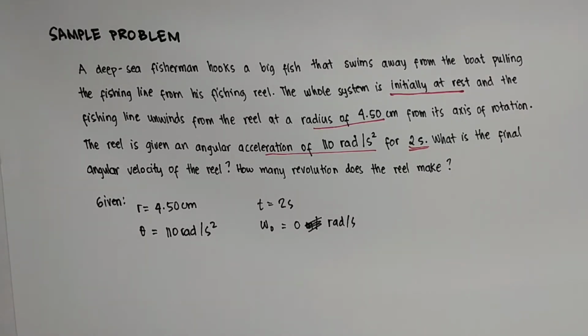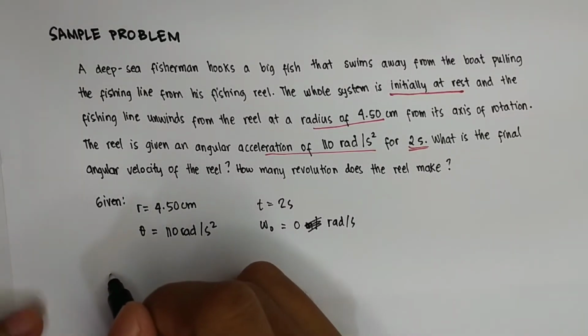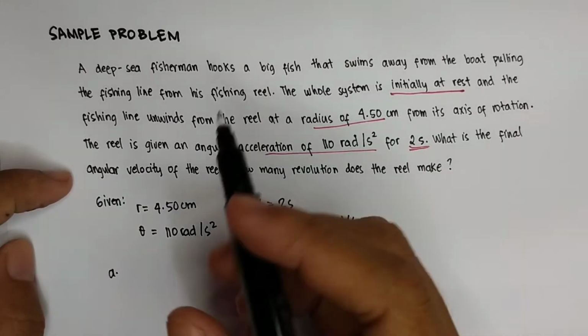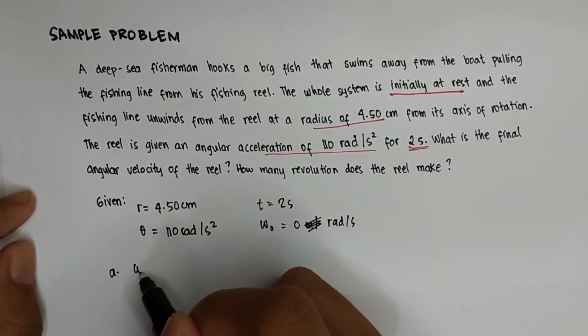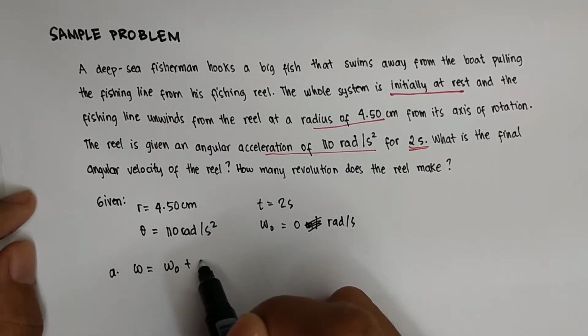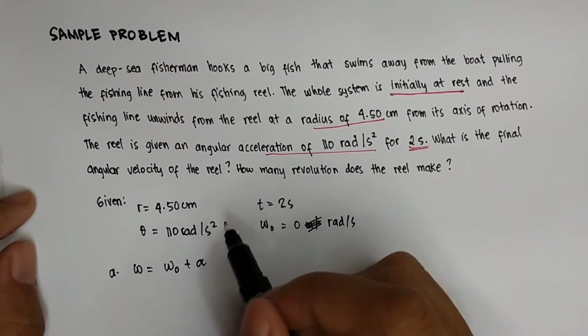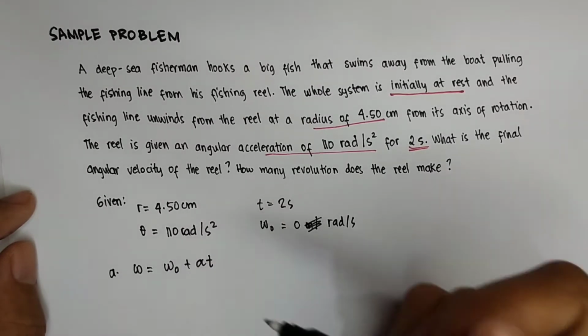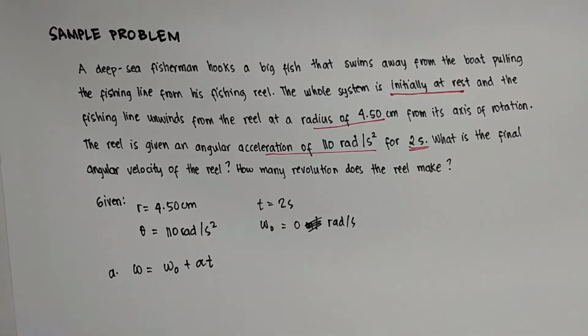It says find the final angular velocity of the reel. If we want to find the final angular velocity, we're going to use the first equation. So in letter A, that will be omega is equal to omega sub 0 plus alpha times t.